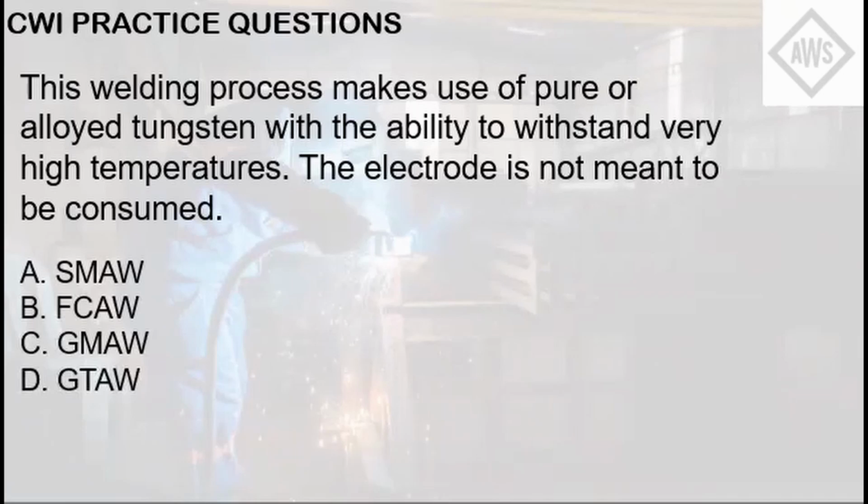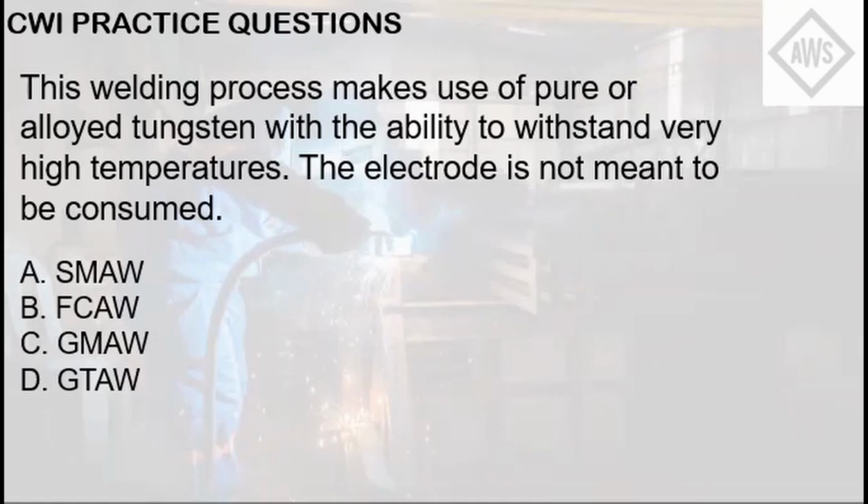Now this welding process makes use of a pure or alloy tungsten that is subjected to a very high temperature. Letter A, SMAW, is known as stick welding, so it uses a consumable electrode. That does not match what is being asked in the question. FCAW is made up of a tubular electrode, so there's no tungsten in there.